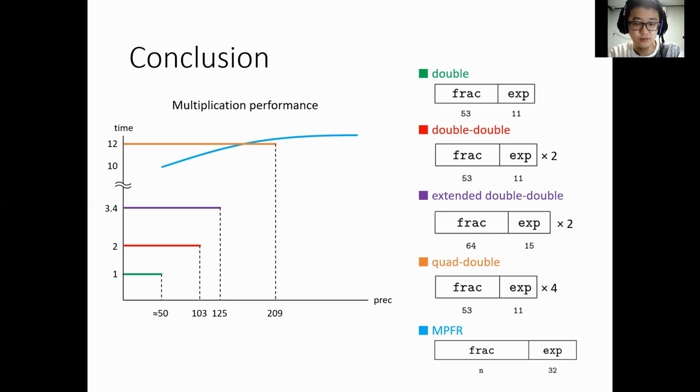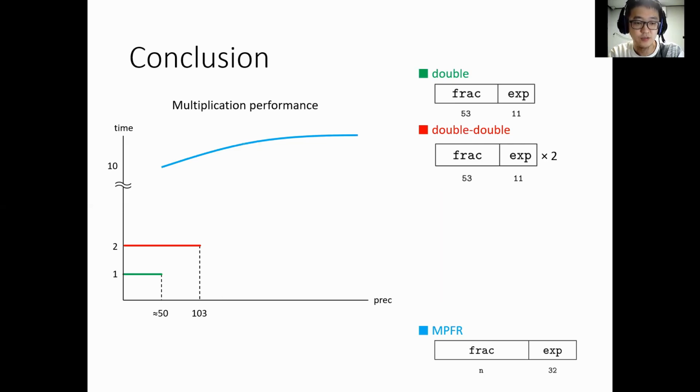We can also take a look at the quad double. It provides even more precision, but due to its performance, quad double is also not worthwhile to implement. So our conclusion is it is worthwhile to try double-double for iRRAM 3. And future work is, of course, implementing this double-double into iRRAM 3. Thanks for listening to the talk.